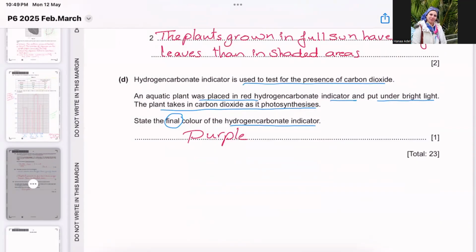Again, hydrogen carbonate indicator used to test the presence of carbon dioxide. An aquatic plant was placed in red hydrogen carbonate indicator and put under bright light. The plant takes carbon dioxide, so it consumes all the carbon dioxide that exists in photosynthesis.